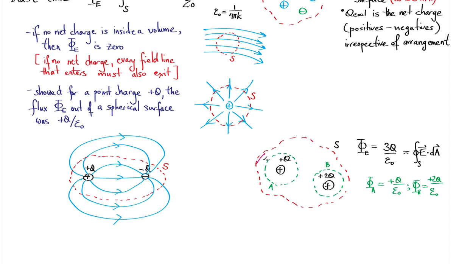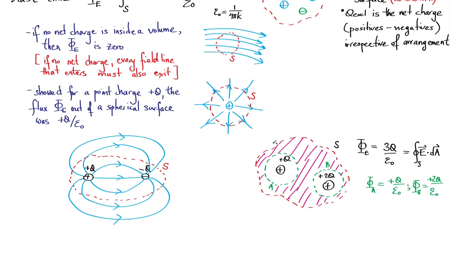So it'd be some kind of surface like this. Try not to shade it too much. So what you can do is think of this larger surface S as being comprised of these green spheres that are centered on charge A and charge B, like we have over here, and then this pink region, which is everything else.